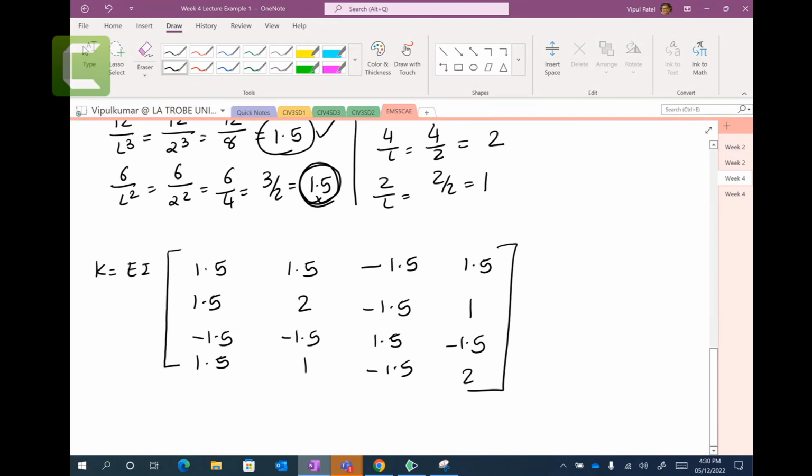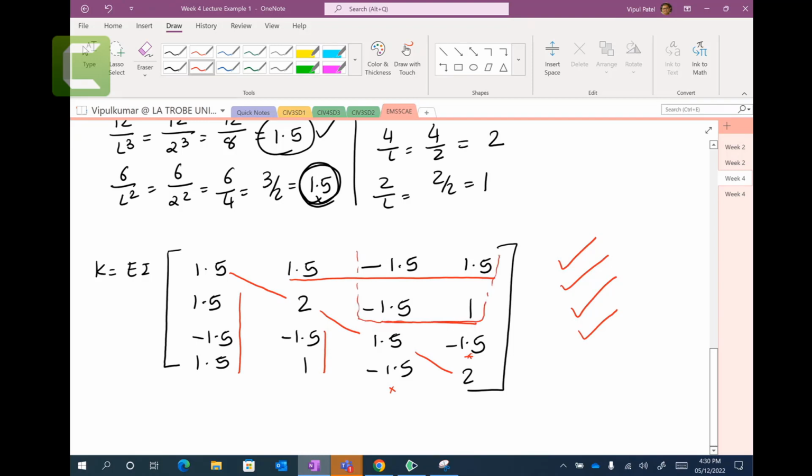Right? Check, check, check. Diagonal positive. One check done. This row, 1.5 and minus 1.5, same. Second check done. Minus 1.5, minus 1.5. Third check done. Fourth check done.